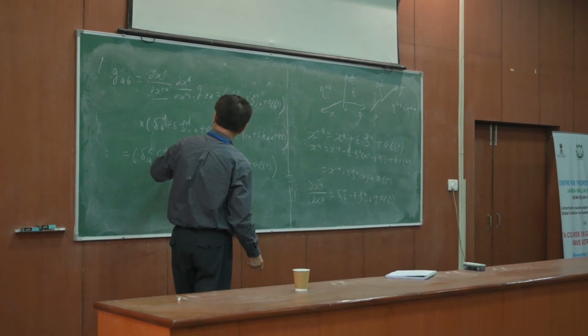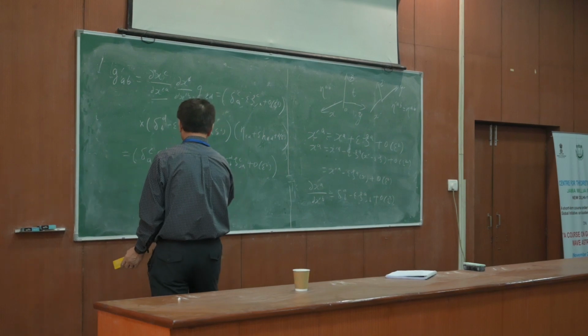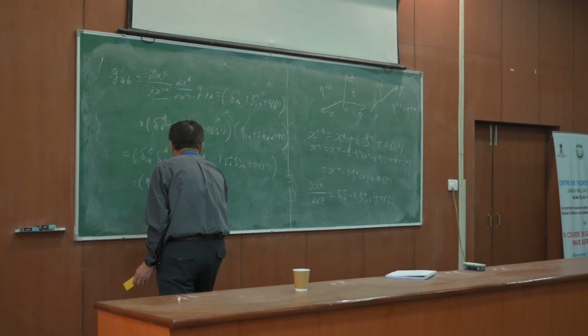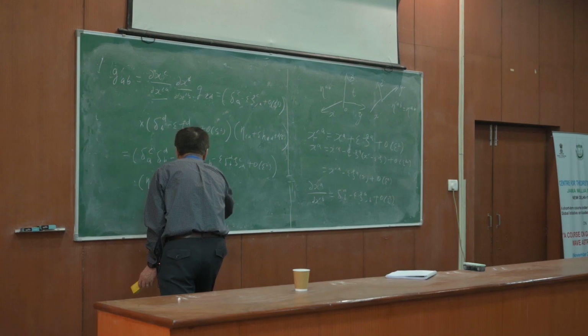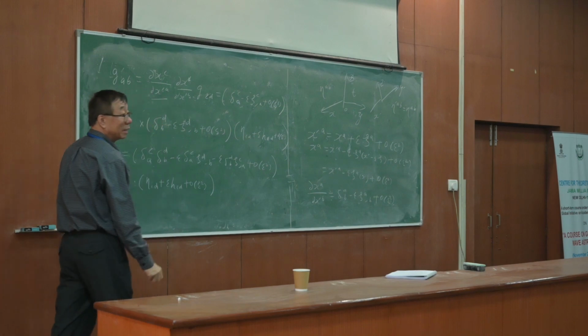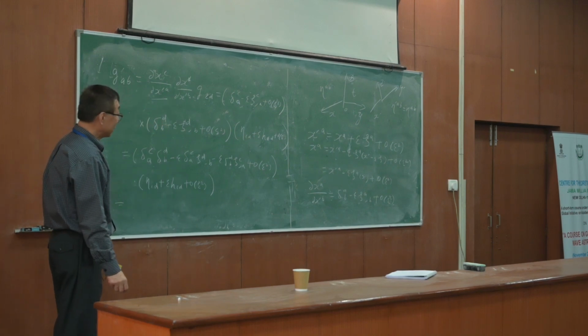So this is actually the first part, right? Now multiply my eta CD plus epsilon H CD plus O epsilon squared. So you have to replace it.